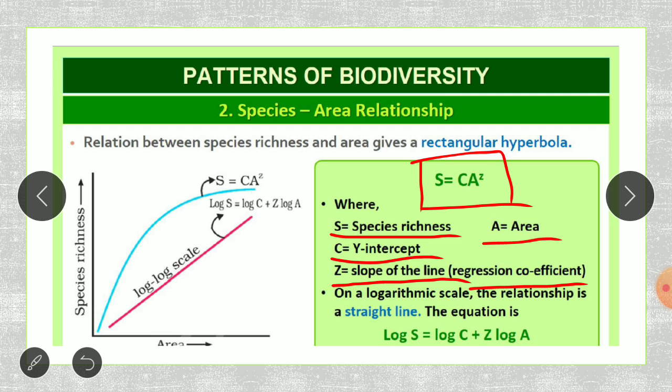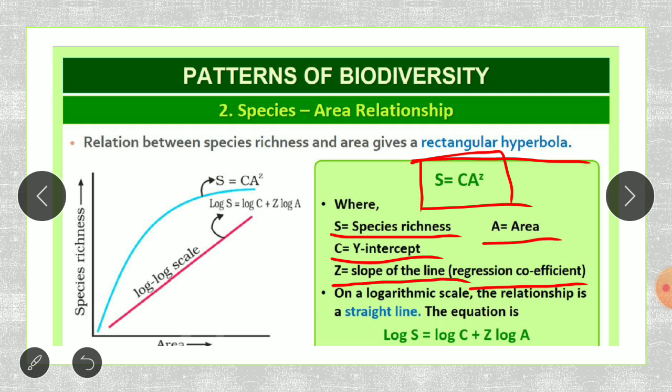The derivation is not there for your study. Only remember the formula. When we plot the species richness against the area, it gives us a rectangular hyperbola with the formula S = CA^Z, where S is species richness, C is y-intercept, Z is slope of the line, and A is area.